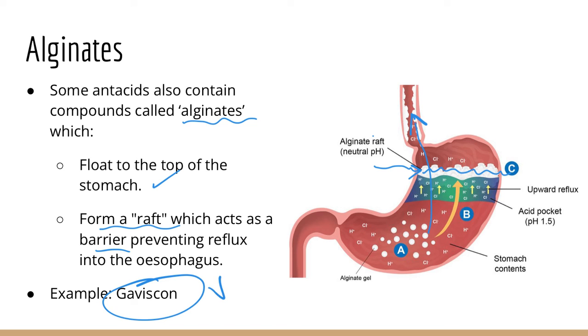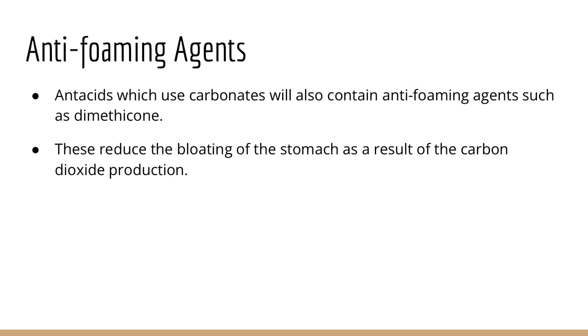Gaviscon is a really great example of this. And so it's really sort of a neat kind of reaction. If you go take a look for other videos on alginates and how they work, it's a really neat thing to see.